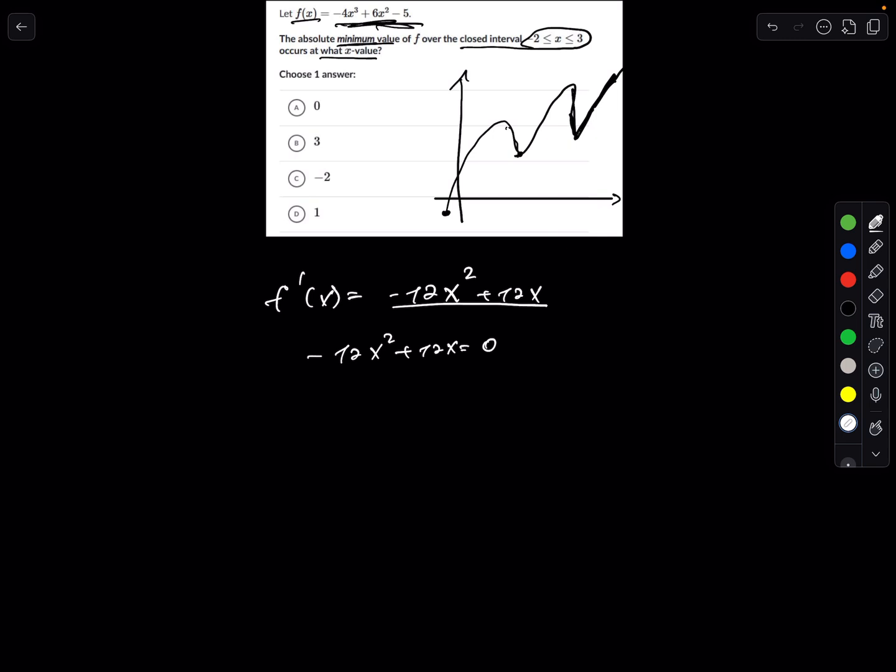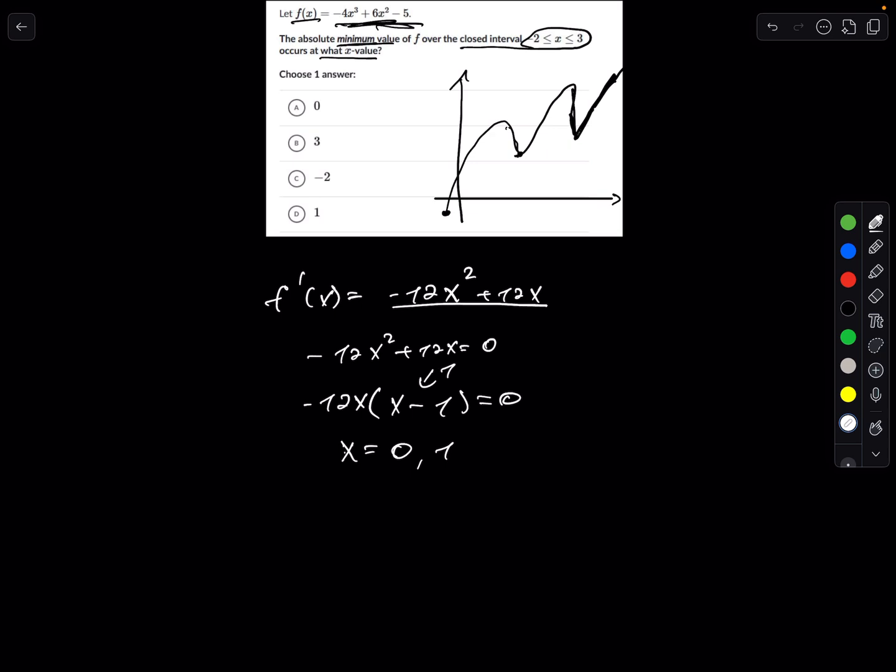Well, here we can factor minus 12x. We're left with x minus 1 is equal to 0. So our critical points are 0 and 1.